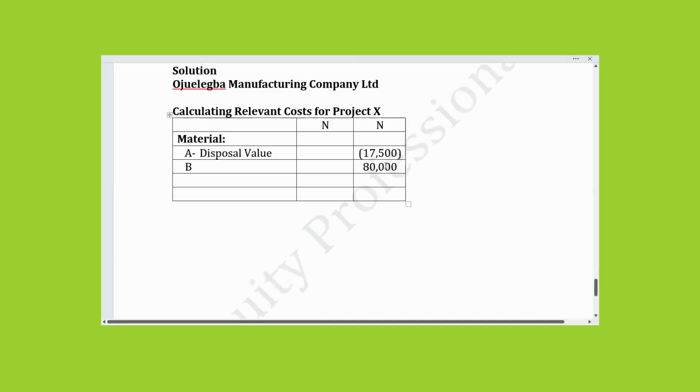If you now want to determine the total cost of material, it will be 80,000 minus 17,500, which is 62,500. You can see our cost of material has reduced. That's why we are saying that disposal value of material will represent a saving. So that is that as per material.